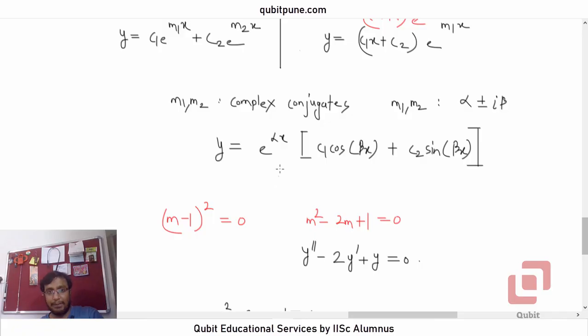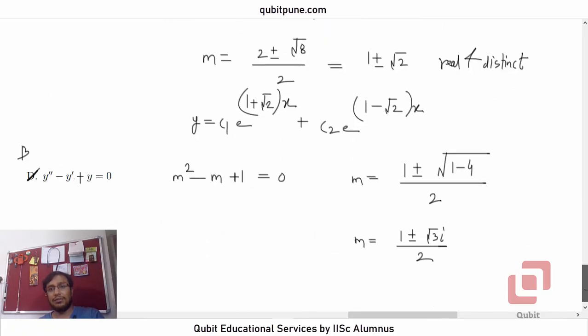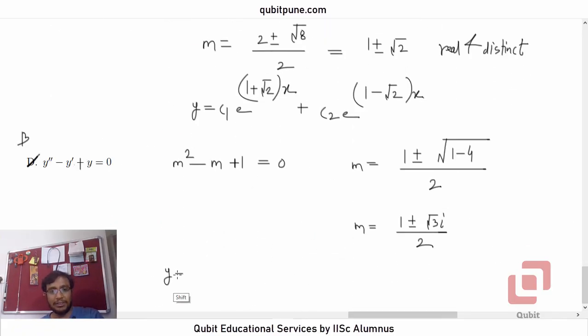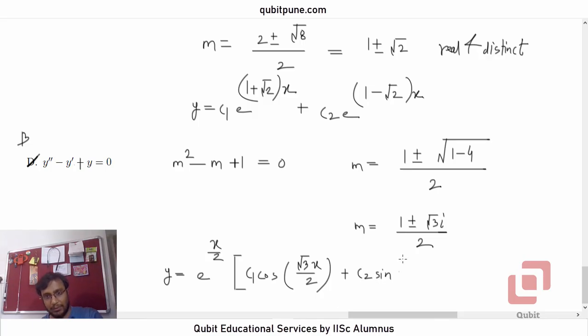This is the third type, complex conjugates of each other. The real part goes with the exponent, so y is equal to e to the power x by 2 into c1 cos of root 3x by 2 plus c2 sine of root 3x by 2.